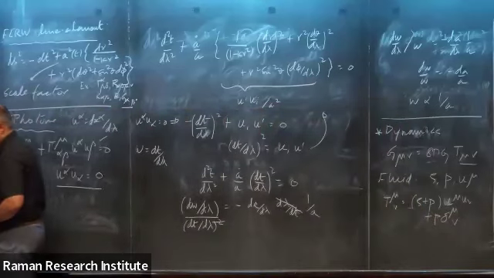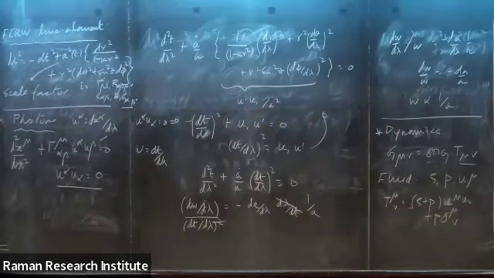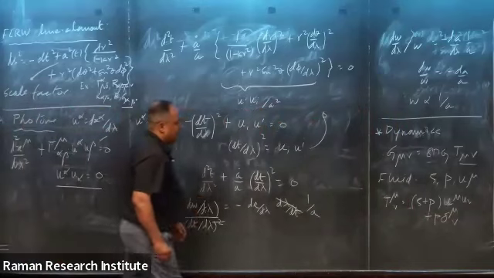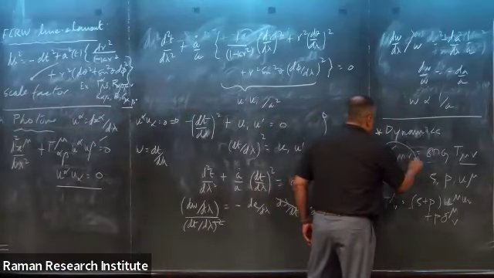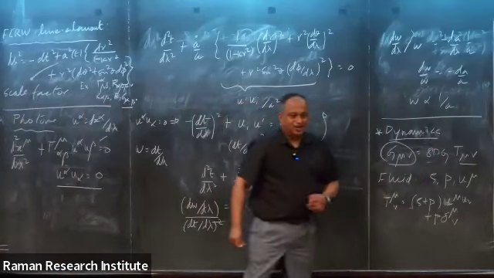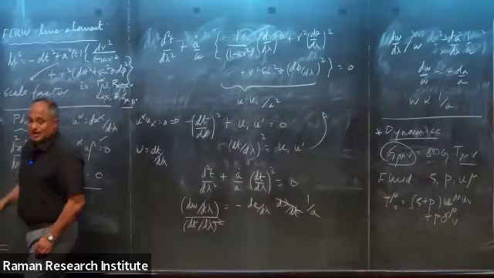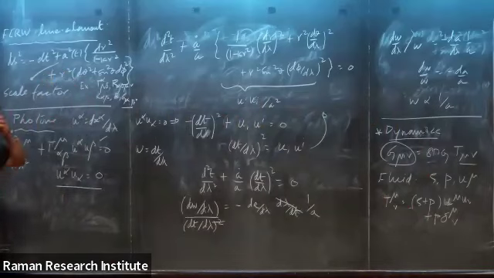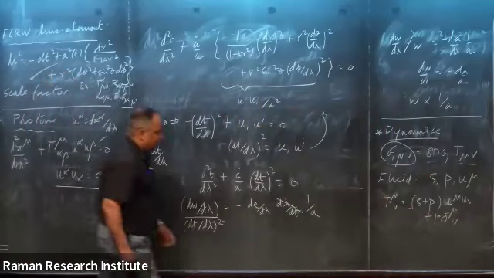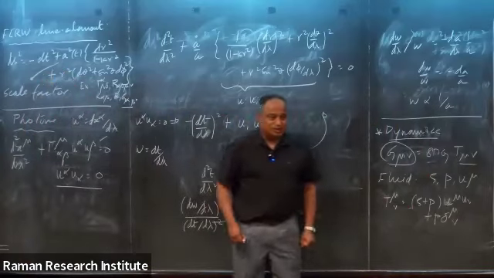Rho and P being the matter density and pressure, and u mu, as I said, is the 4 velocity. Now, we know the G mu nu, right? Well, you are supposed to calculate it. Given the line element, you can calculate the G mu nu. But we need the T mu nu.